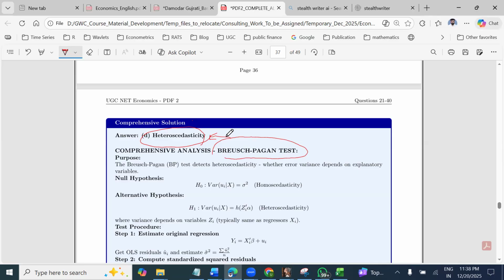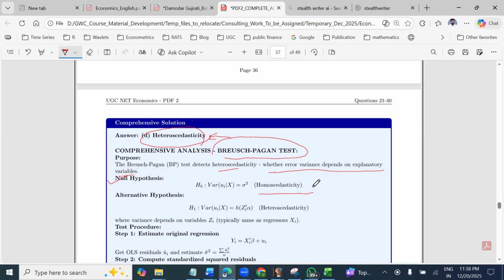Okay, Chinmay? So the Breusch-Pagan test detects heteroscedasticity. What we basically do is test whether error variance depends on explanatory variables. Our null hypothesis is H0: variance of ui given x is equal to sigma square, that is homoscedasticity.